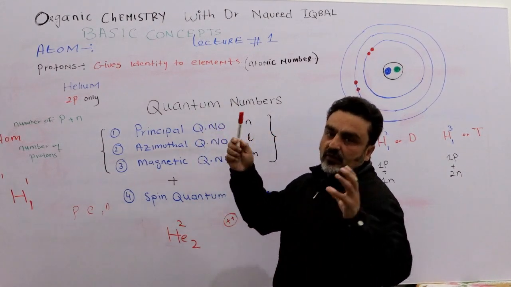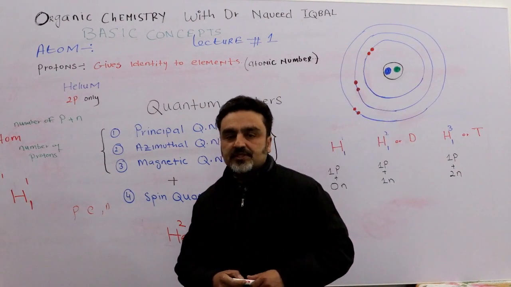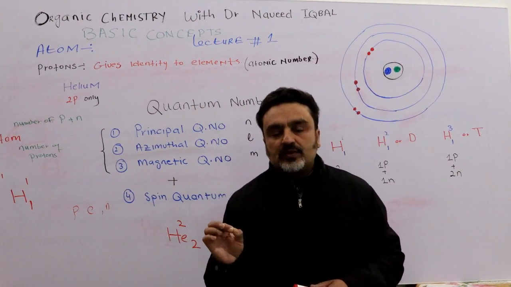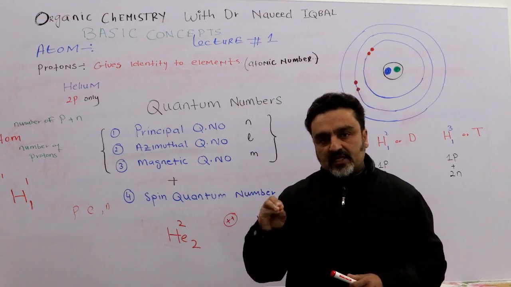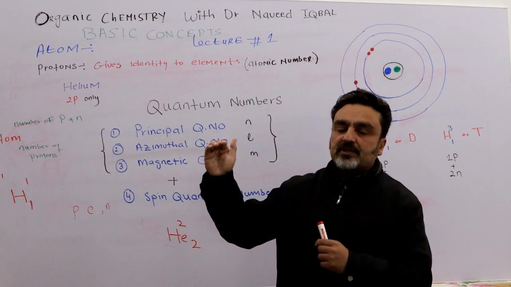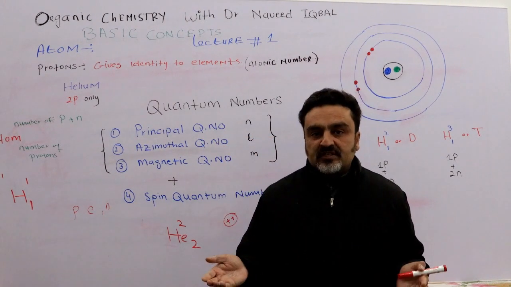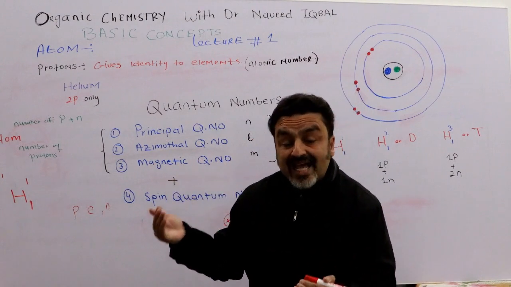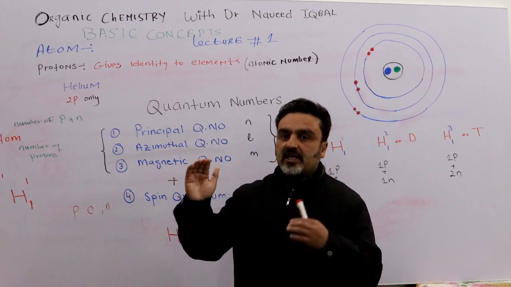There is a word called quantum numbers. These quantum numbers will tell us the address of an electron, where it is present in an atom, and in what condition it is, meaning what the energy of that electron is. These are very important: energy and position.